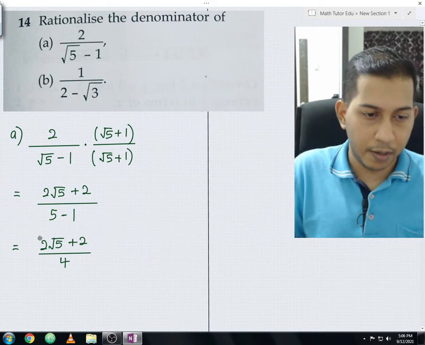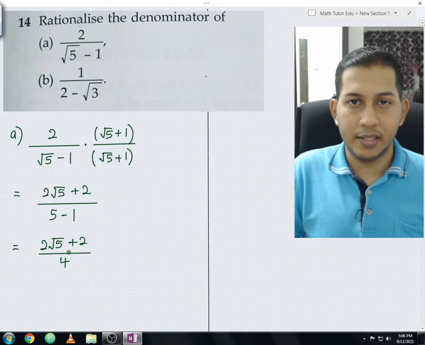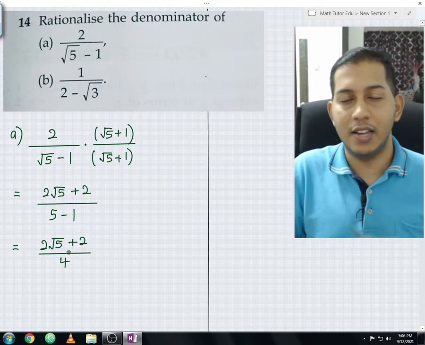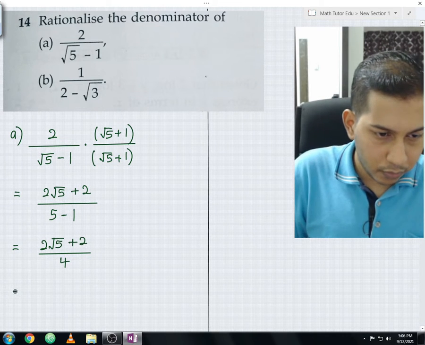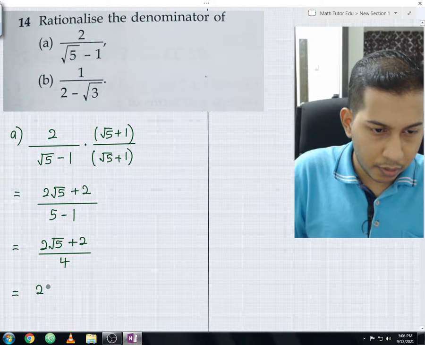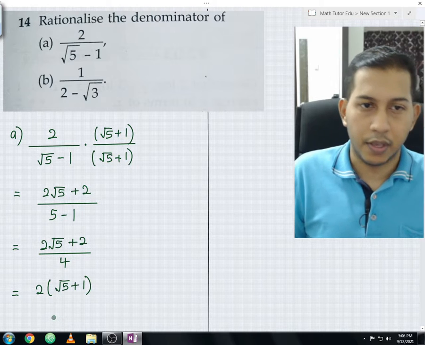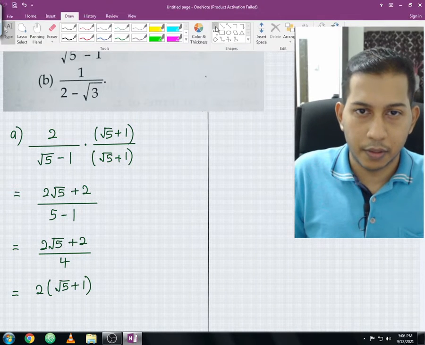As you can see here, we have the common term 2 here, 2 here, and we have the 4 here. So we can simplify 2 in the numerator and denominator. So you factor out the 2, and you're only left with square root 5 plus 1. Okay, let me underline the fraction.